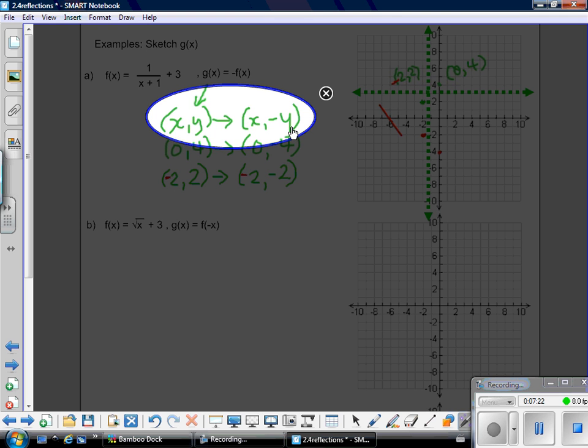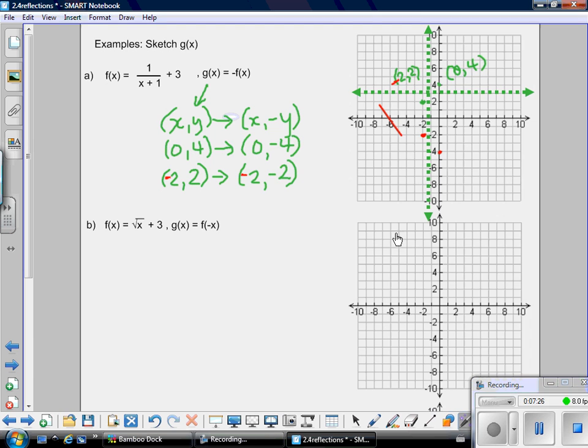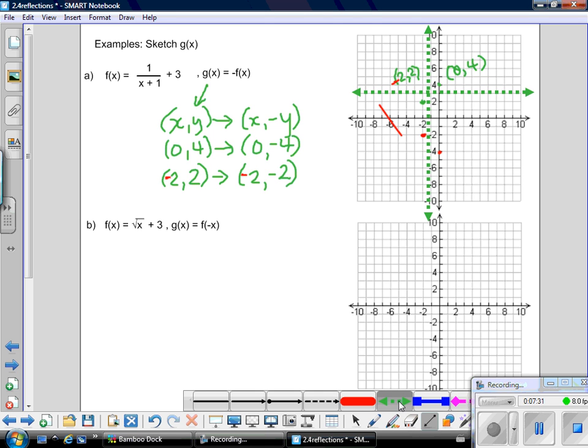The y asymptote, however, flips to the negative value. So let's go and do that. I'm going to change colors of my line if I can. So it's telling us that this one's going to stay the same. And my y asymptote, which at the moment went through positive 3, is now going to go through negative 3.